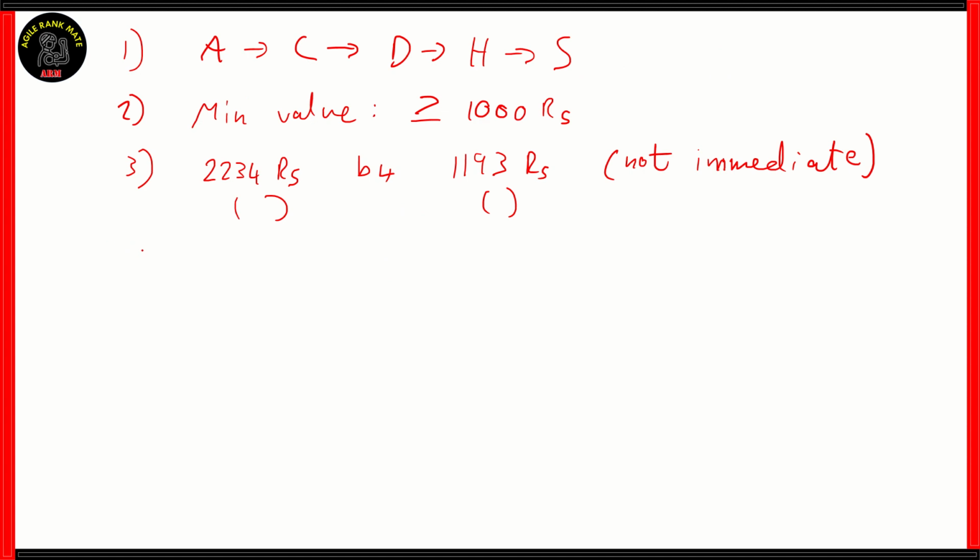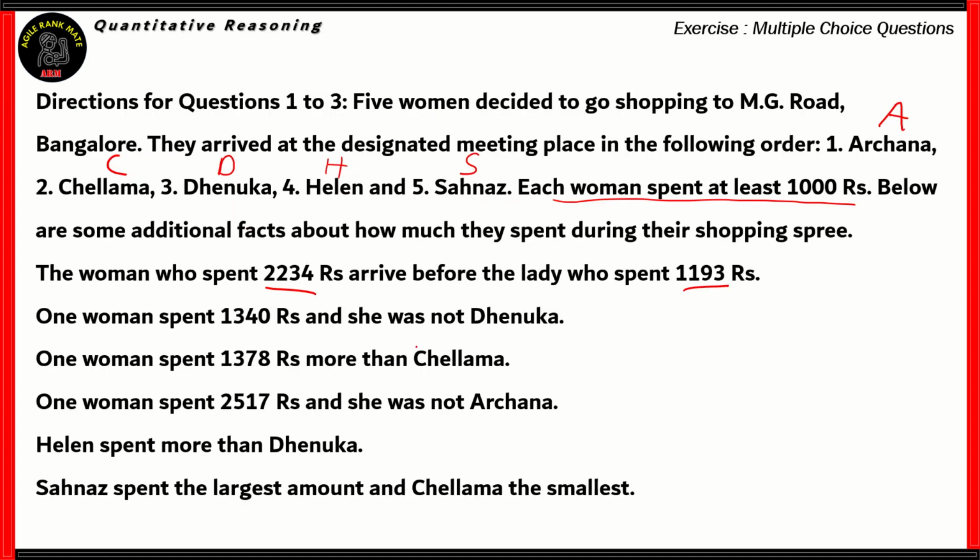Now, when we look at clue 4, this is clue 3. Clue 4 is the given number of values. If we look at all of the particular values that are given here, we know that one woman spent 2234, one woman spent 1193, one woman spent 1340 and another woman spent 2517.